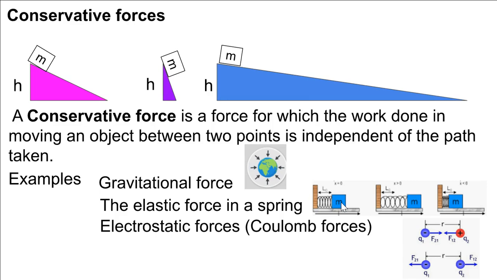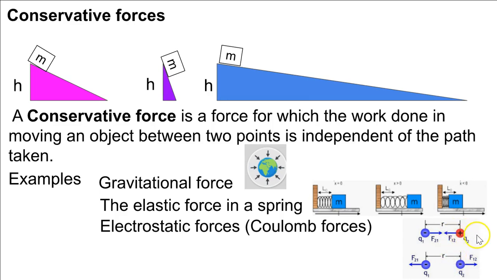And another example is an electrostatic force. When I have two charges near each other, you know that they either have an attractive or a repulsive force on each other. Now, if this is the distance that these two particles are apart, and I move this one a bit further, whether I move it up and down and all around, and then let it stand still there, it really doesn't matter what path I took.